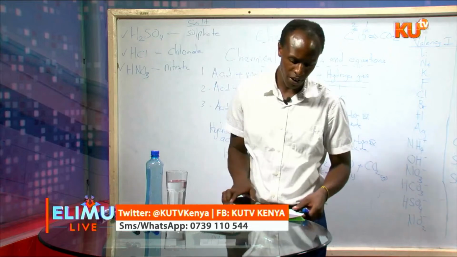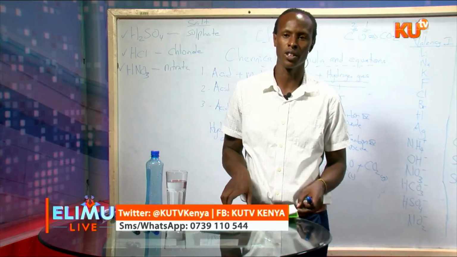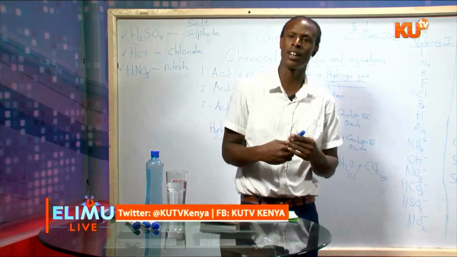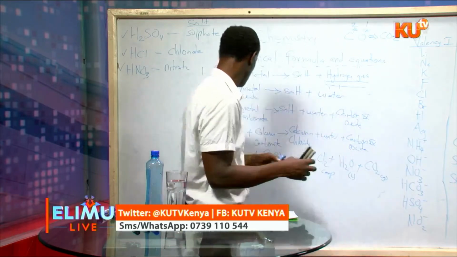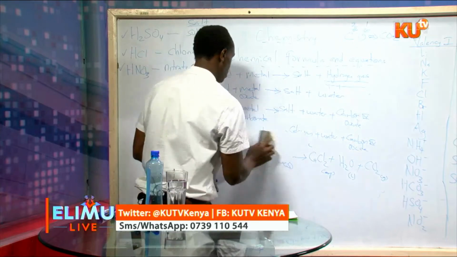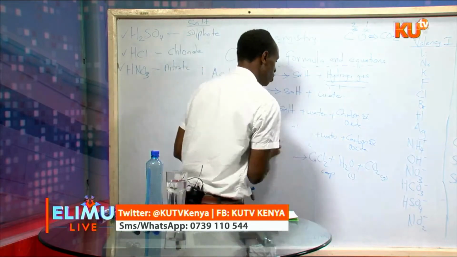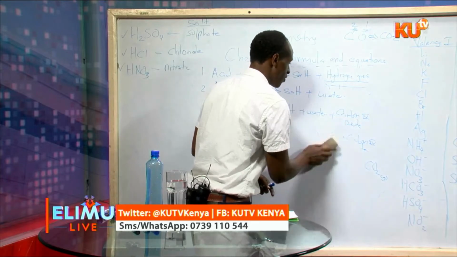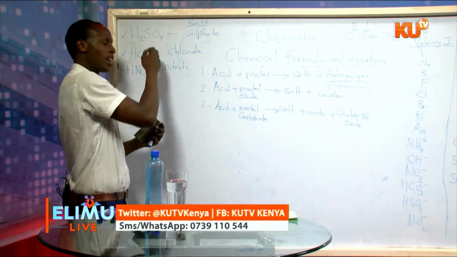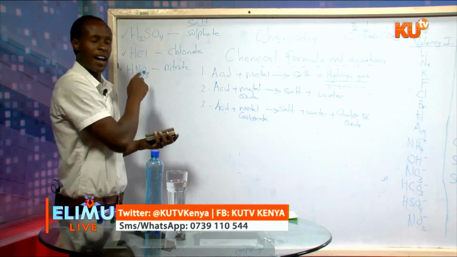The other reaction which you usually encounter in titration is a reaction between an acid and a base. When you titrate an acid and a base, what are the products? For you to know a base, it is always a hydroxide. The one similarity about all acids is that they have the element hydrogen.